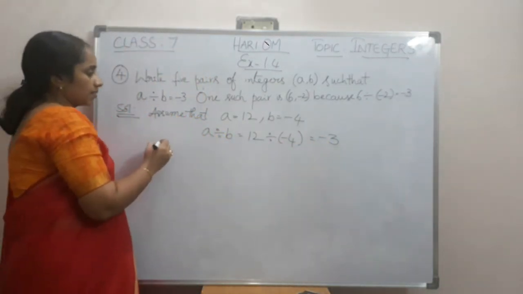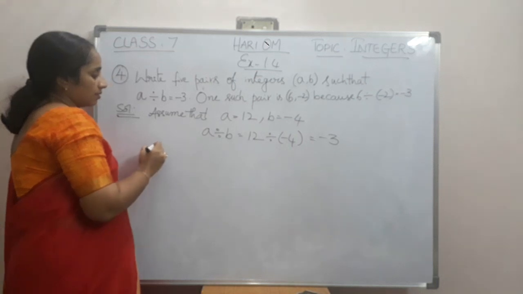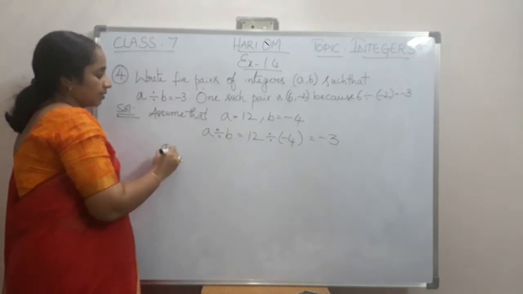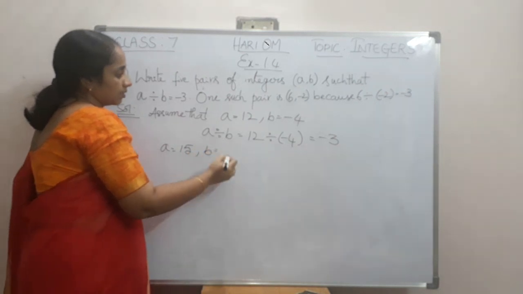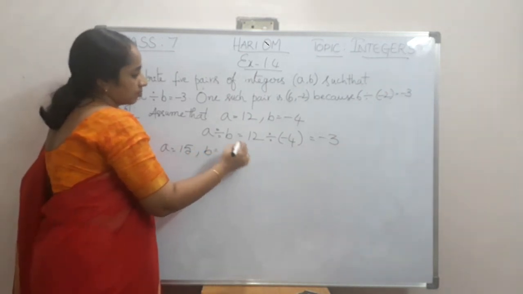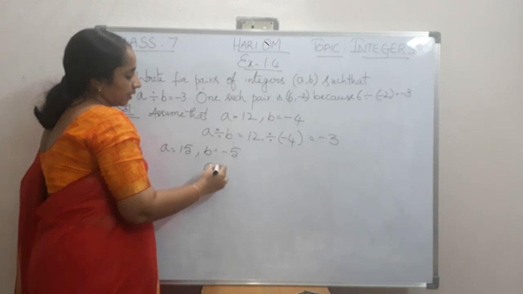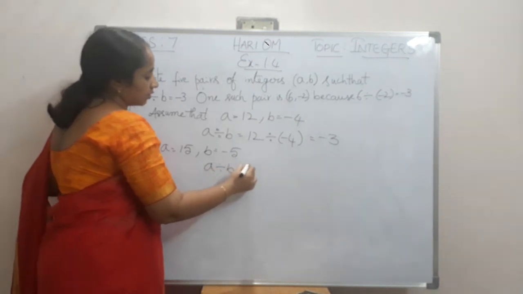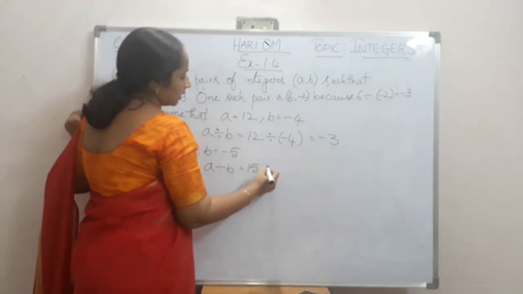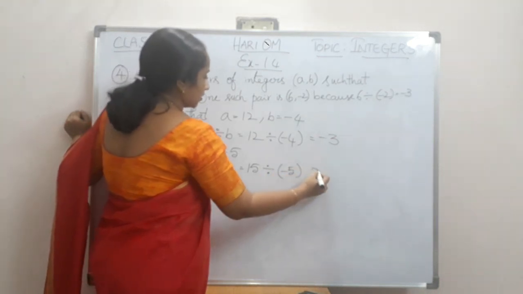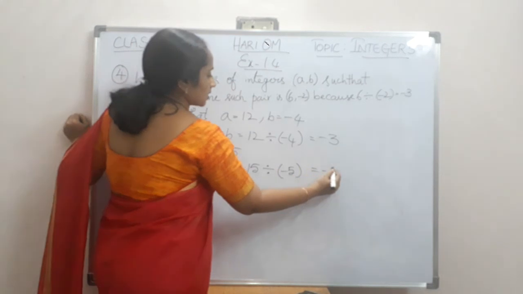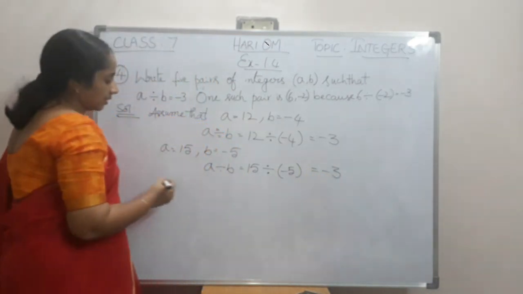Next one is A is 15, B is minus 5. Then A divided by B is equal to 15 divided by minus 5: 5 ones, 5 threes, it is minus 3.